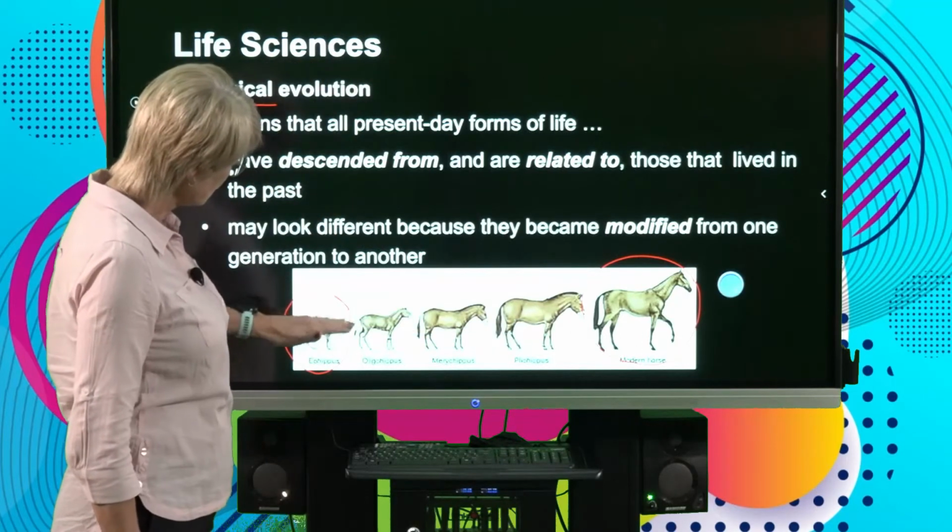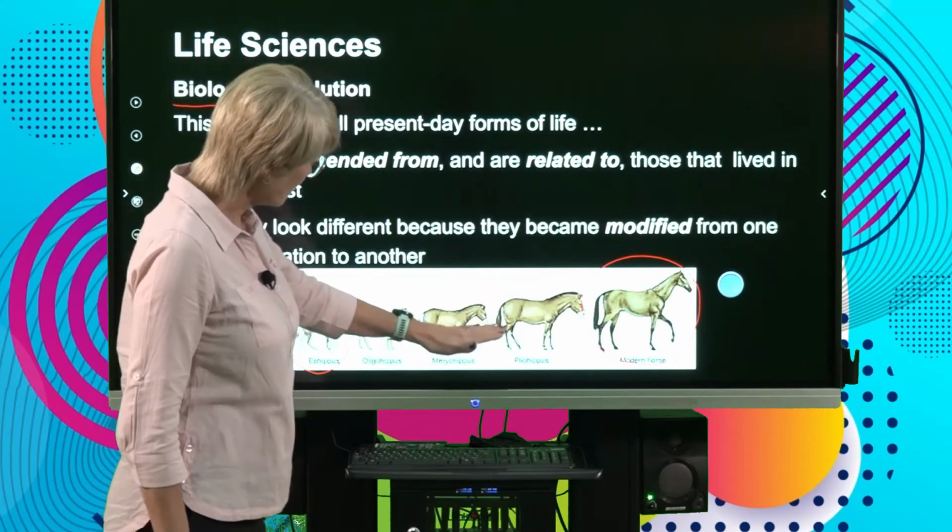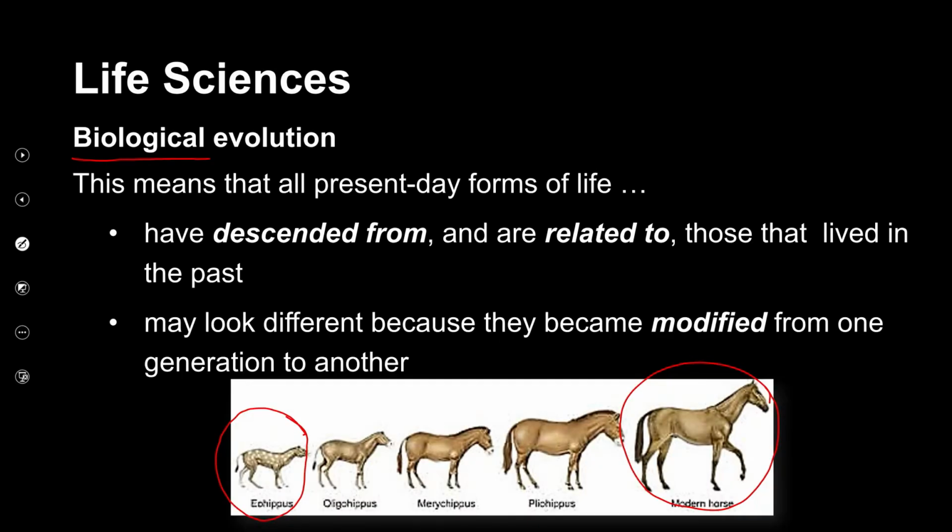As you can see through the diagram, there are changes. If we have a look at the modern horse over here, we can see how it is different to its earliest ancestor over here. Even though they might not look the same, it is related, and it has evolved through the ages and changed over time to what we know it as today.